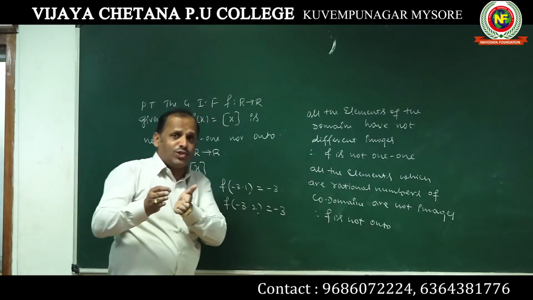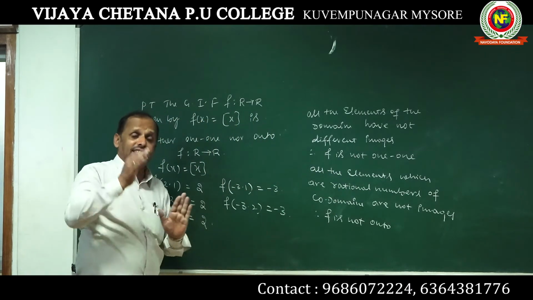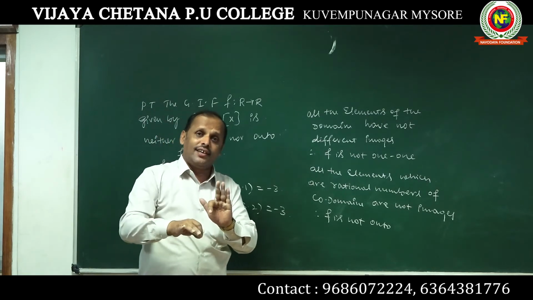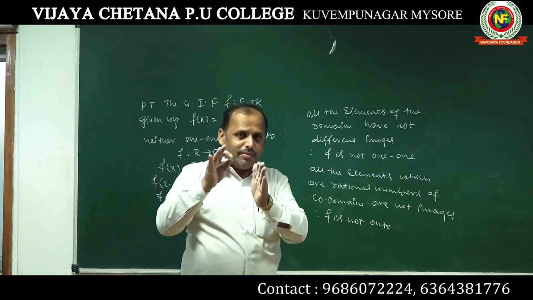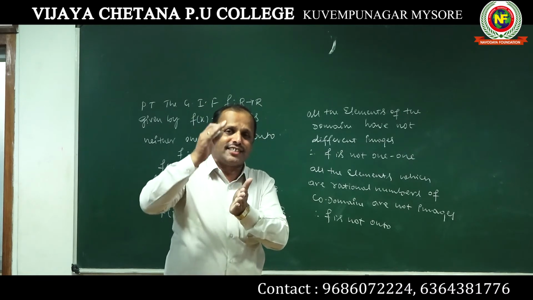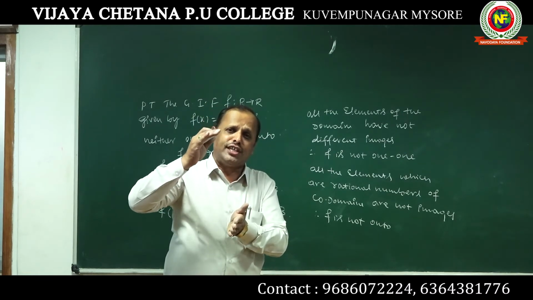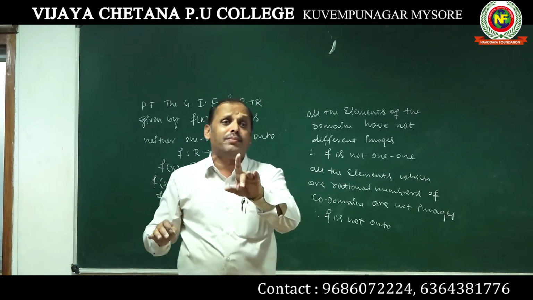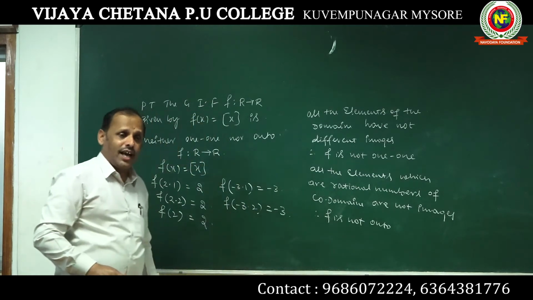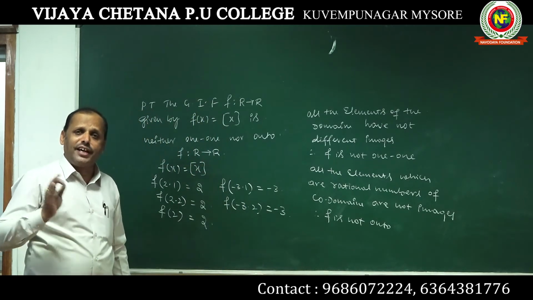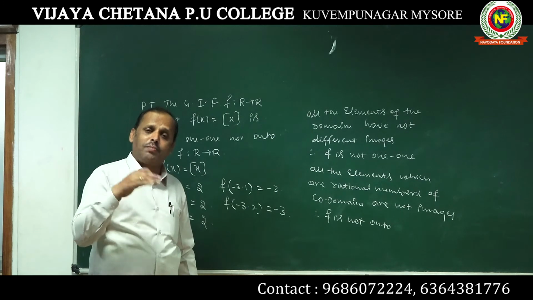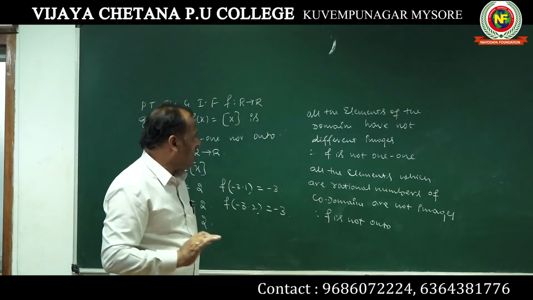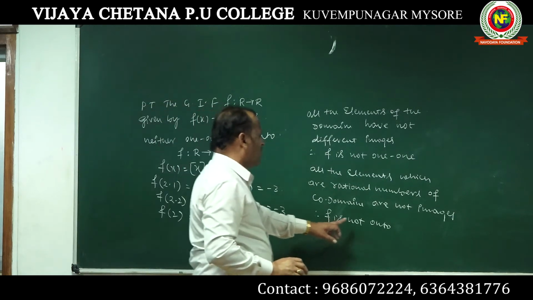But in the second set, all integers are images: minus 2, minus 1, 0, 1, 2, 3, etc. These are all images. But rational numbers like 2.1, 3.1, 3.8, 5.0, 8.1 are not images here. Therefore, f is not onto.